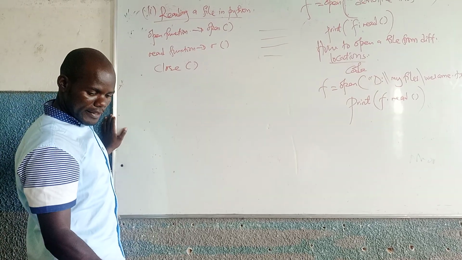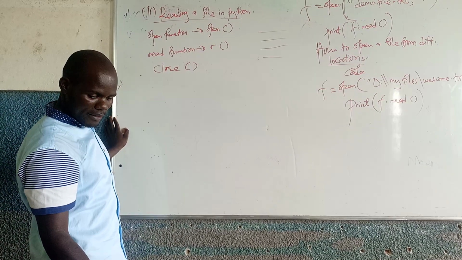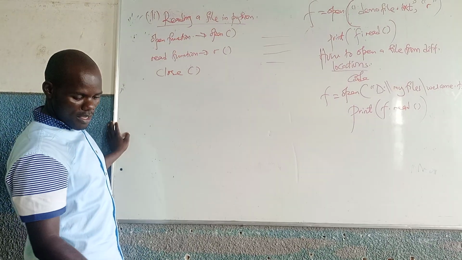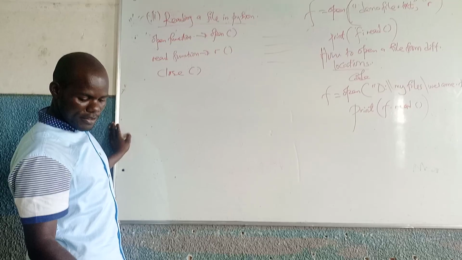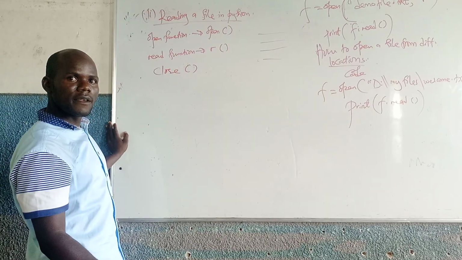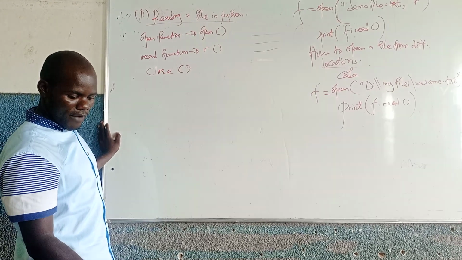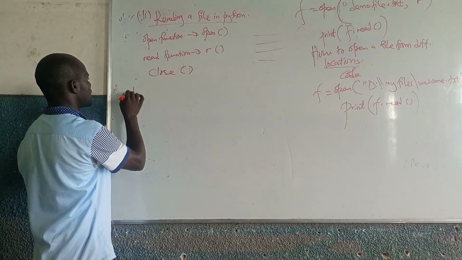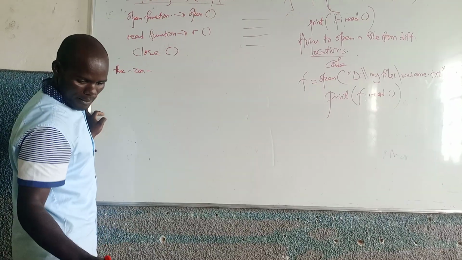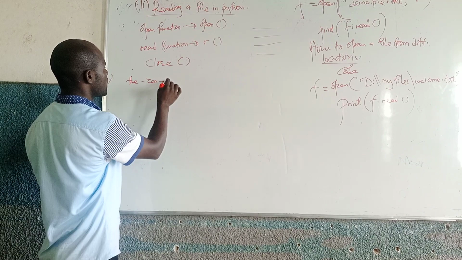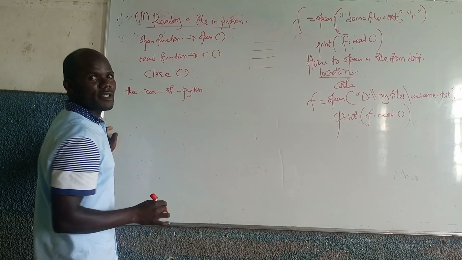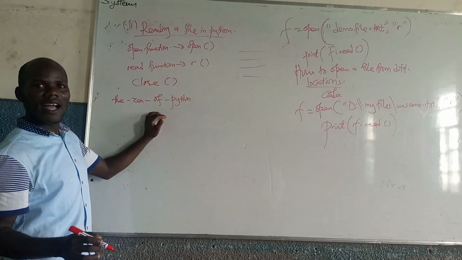For example, how to use the read method. In the read method, you can use it to read the contents of this built-in function, which we call the Zen of Python.